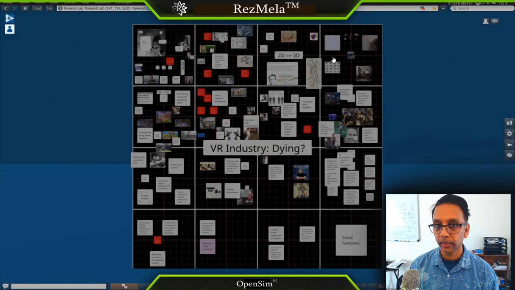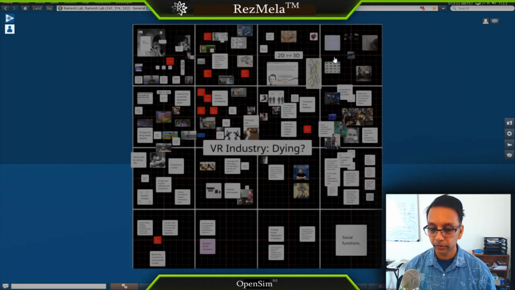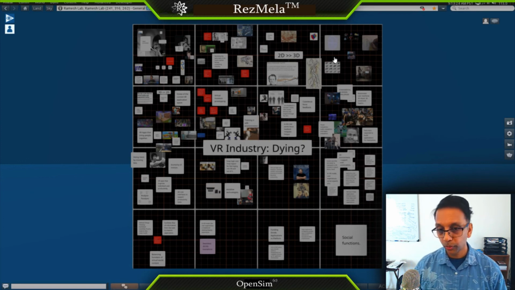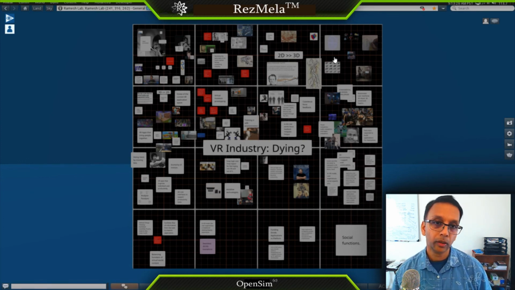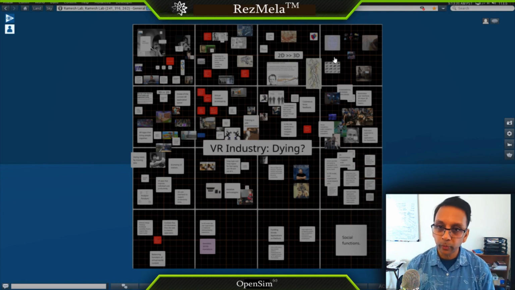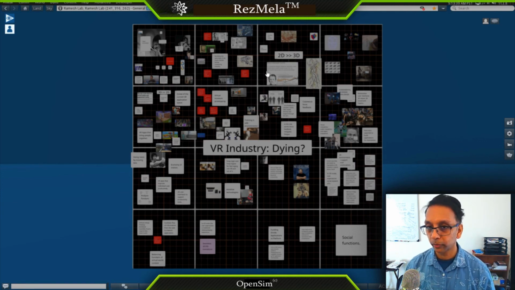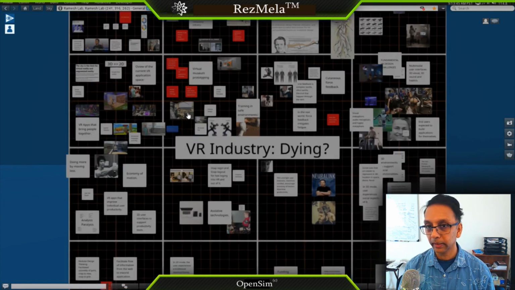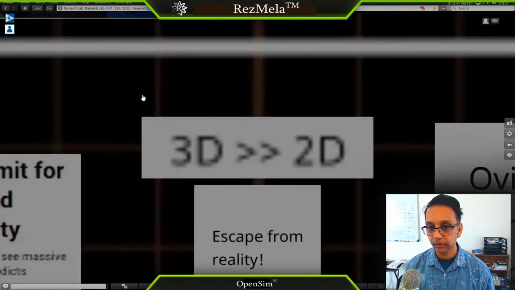So those are the kind of things that I wanted to talk about when considering 2D as opposed to 3D, or 2D as a lesser medium than 3D. So the more we become familiar with those issues, the more thoughtful we can be when designing 3D spaces.